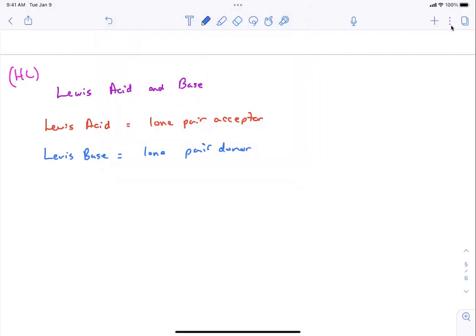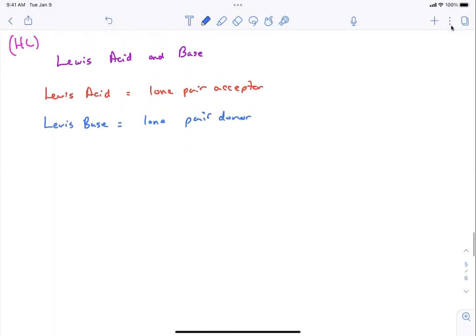Whereas with Bronsted-Lowry, you have to have an H plus for anything to happen. Okay. And to show what I'm talking about, now that we've talked a little bit about arrows and things like that in organic chemistry, all Bronsted-Lowry acids and bases are Lewis acids and bases. So keep that in mind when you're thinking about the grand scale of things.